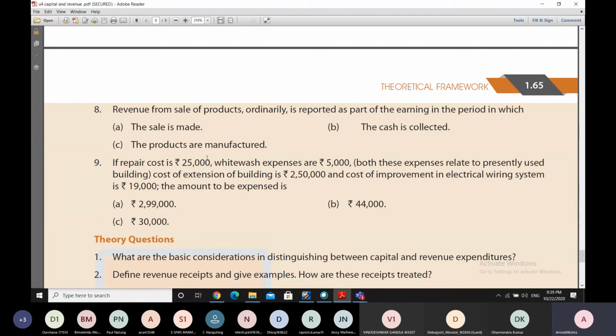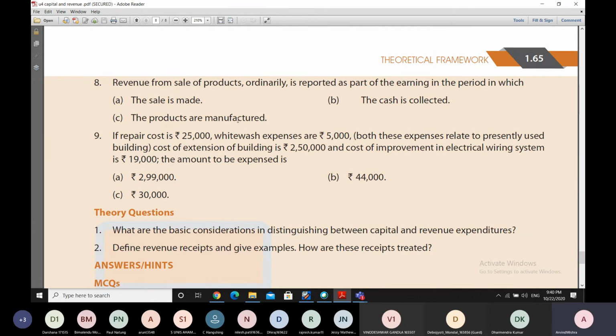Products which are normally sold by a company or a firm doing a business, whatever revenue is received from there, will be reported in the period in which the sale is made, because according to the matching principle, the revenue is reported in the same period when the sale is made, because it is directly relatable to the sale of the products.